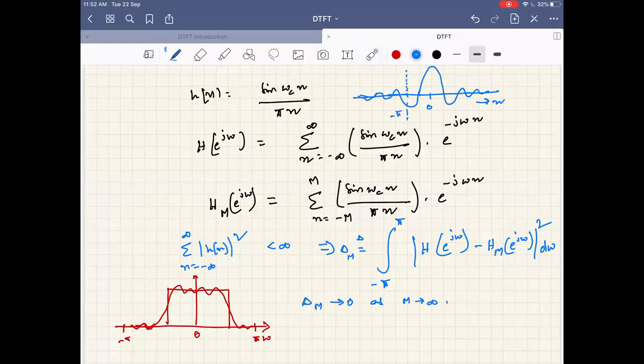This is minus M, and let this be plus M. Even if you take minus M to M terms, you can reasonably approximate this discrete time Fourier transform or Fourier representation. This is ensured by mean square convergence.